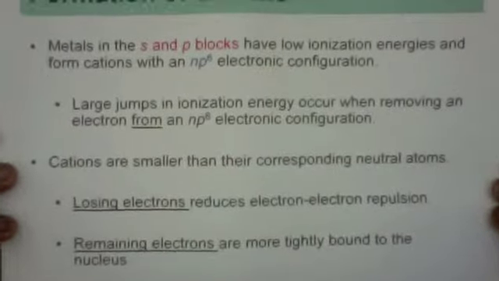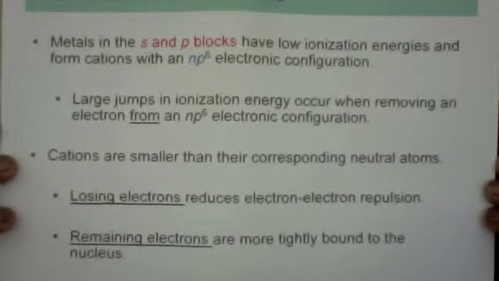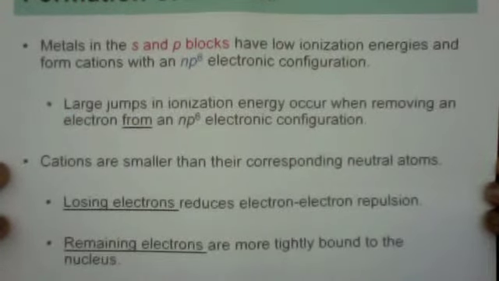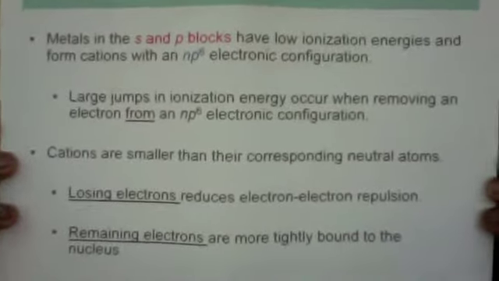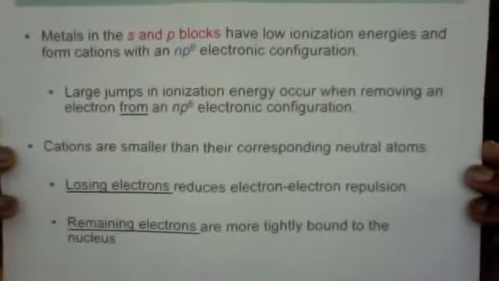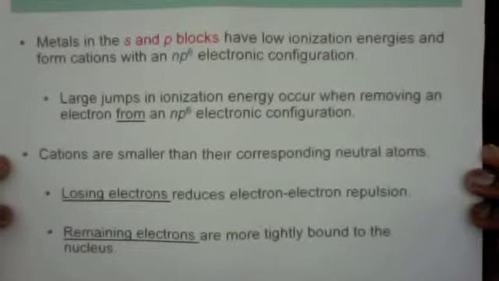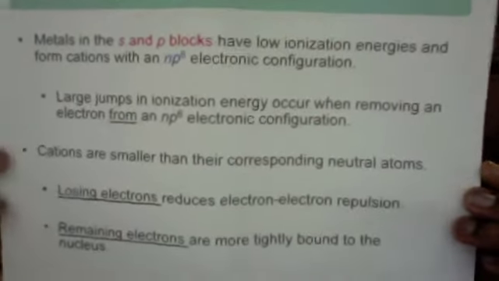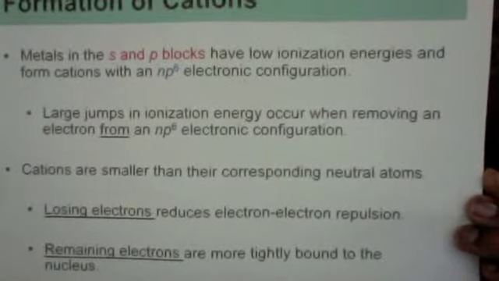Losing electrons reduces electron repulsion, and remaining electrons are more tightly bound to the nucleus. So pretty much cations are the positively charged ions from a metal in the S and P blocks. So that's what we're saying here.